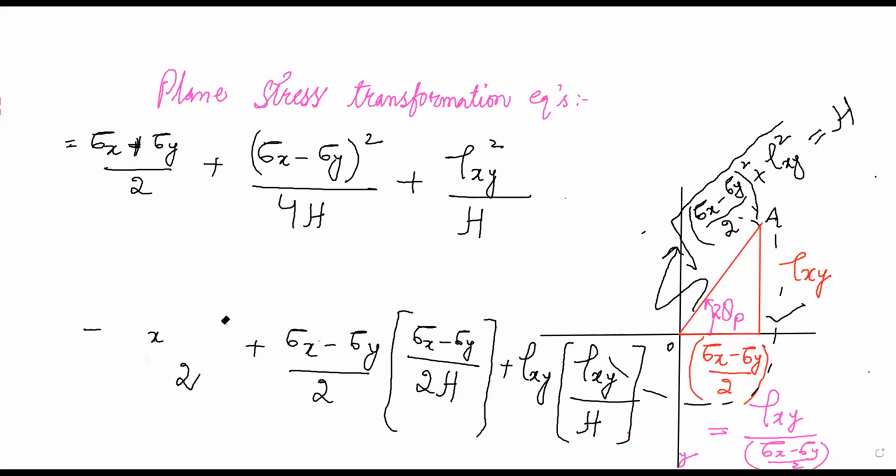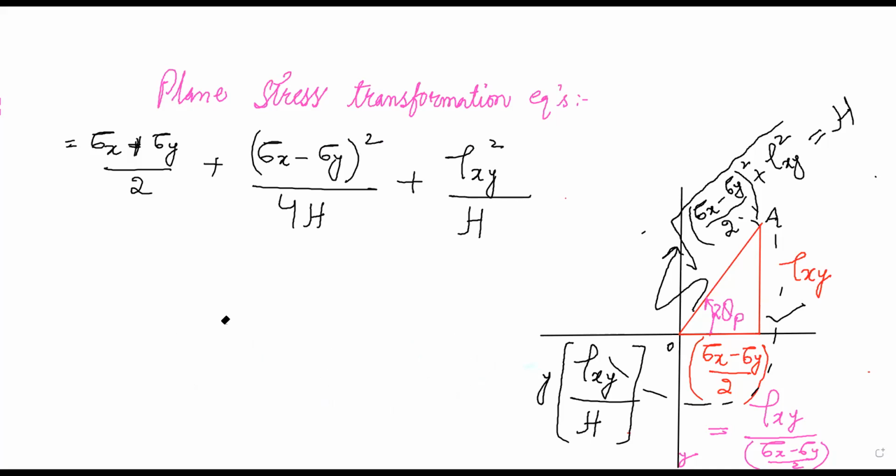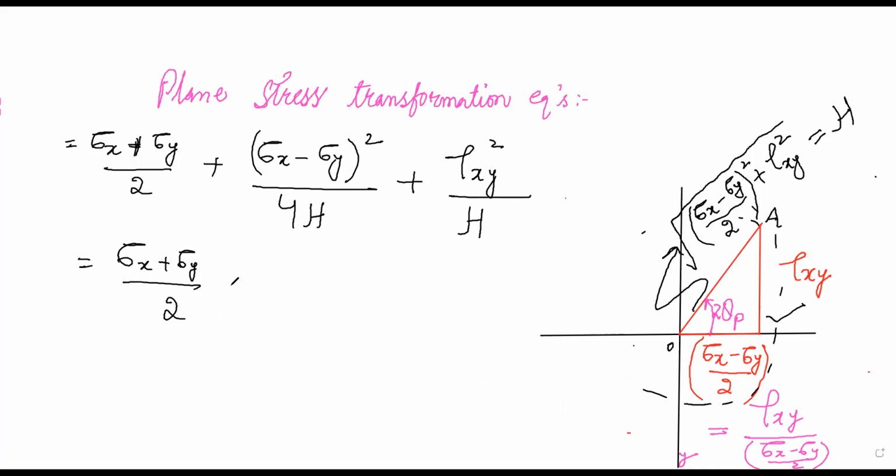That can further be written as sigma x plus sigma y divided by 2 plus, if I take the LCM, what will be the LCM? 4h.